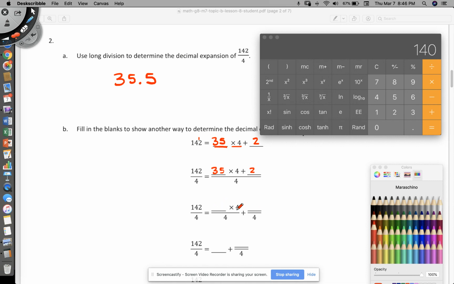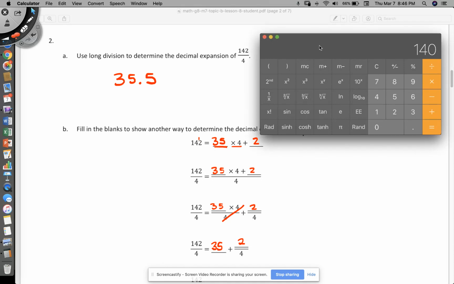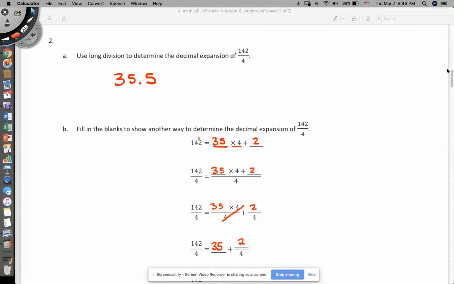Now let's separate them out because now I'm going to start to simplify. We're going to have 35 times 4 over 4 plus 2 over 4. And just like the problem we just had, the 4s are going to cancel, leaving you with a 35 and 2 fourths.